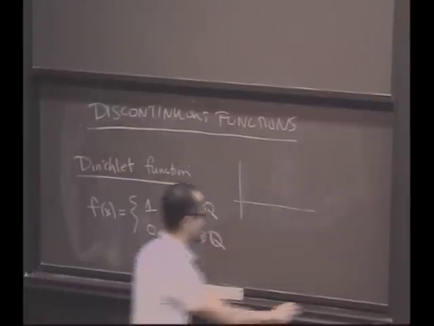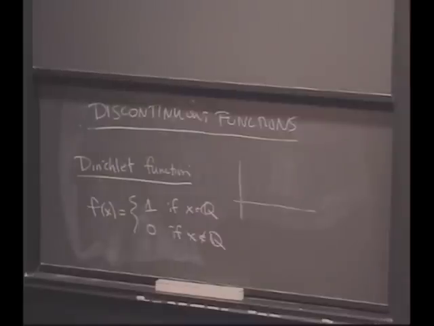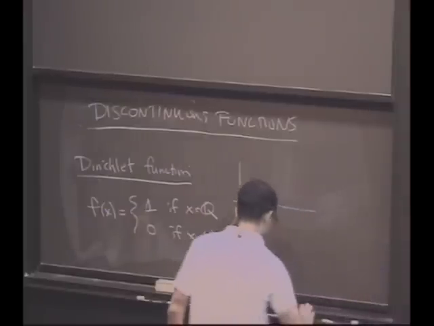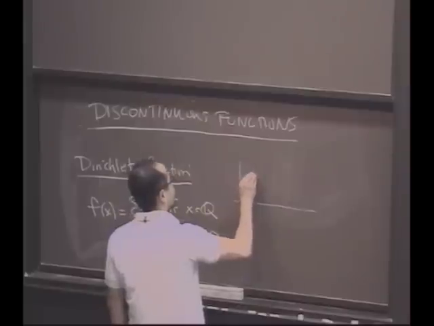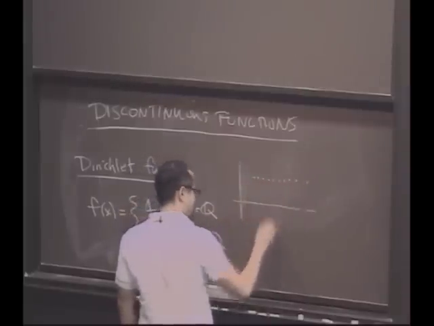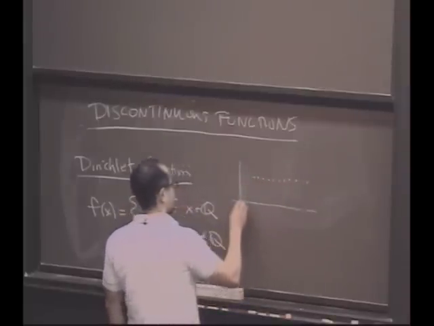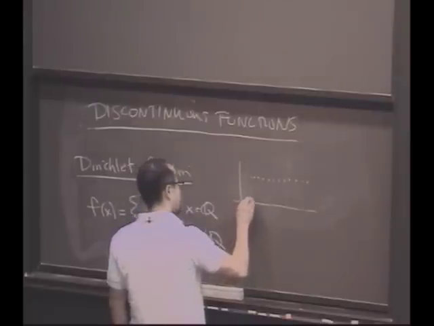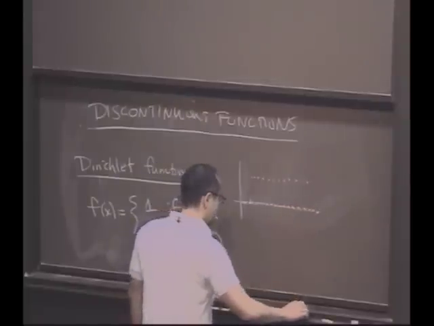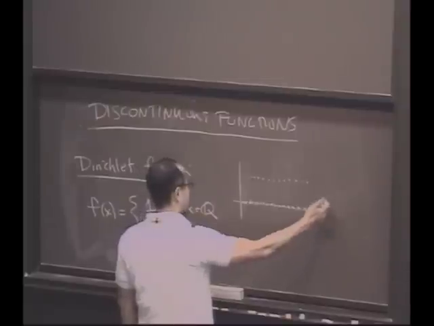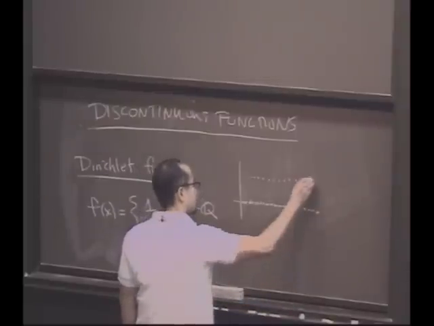And so you can see what this function looks like. It's basically either 1 or 0, and you can see all the places where it is 1. It's 1 at lots of places. And it's 0 at a lot more places. Okay, so rationals are 1 and irrationals are 0.